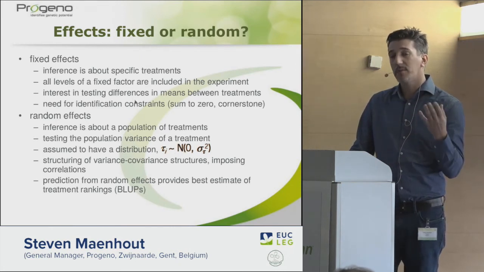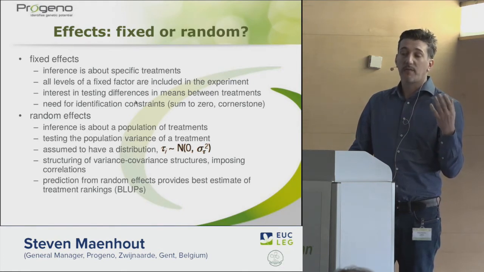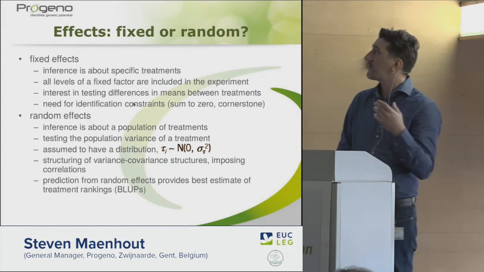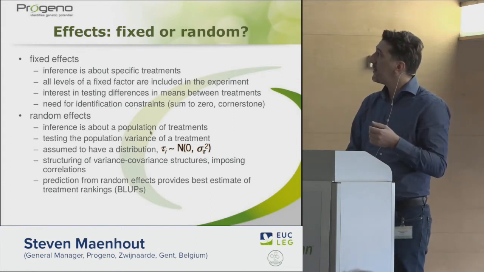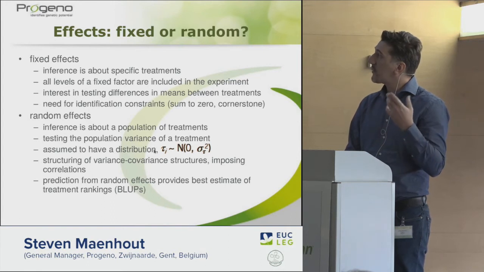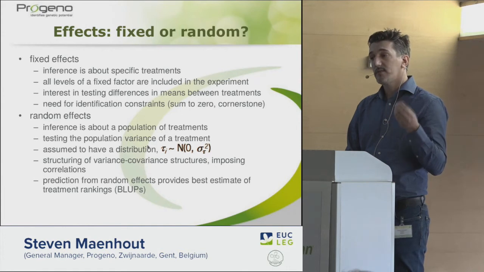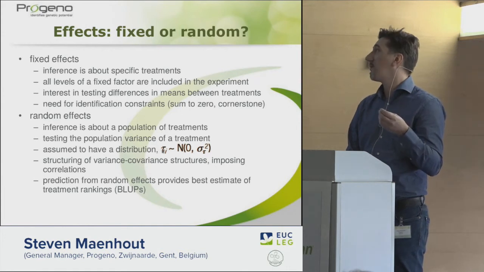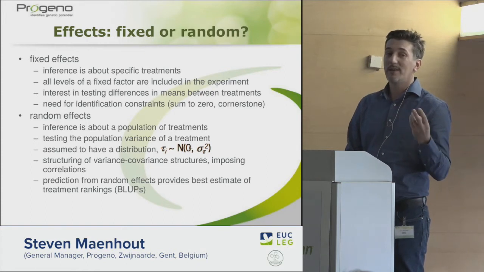So if I have 4 treatment levels, I will have no assumption on where they're coming from. They're not necessarily coming from a normal distribution. They're just 4 different effects. Here you will assume that your effects are originating from a normal Gaussian distribution. Now, why does this matter? Well, first, remember, these are easy to fit. We only need 2 parameters, the mean and the variance.